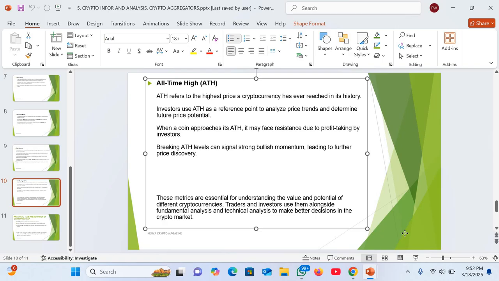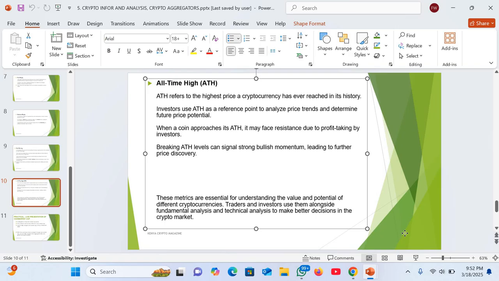And anytime a cryptocurrency hits an all-time high, there are traders who tend to sell at the all-time high price. So you realize that sometimes when a cryptocurrency hits an all-time high, after some days, it tends to dump, simply because some of the holders, some of the traders are selling the cryptocurrency.